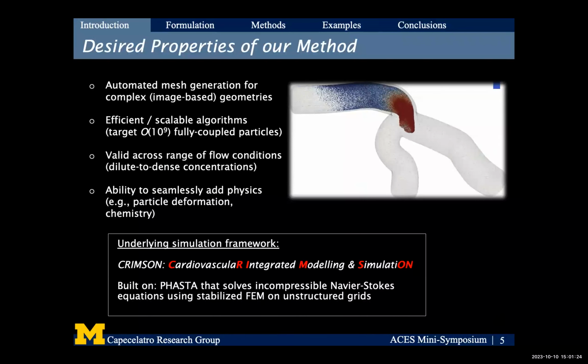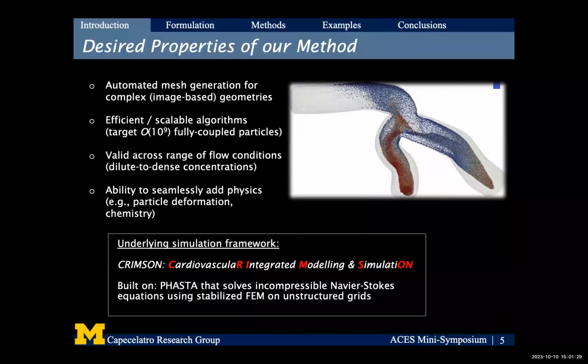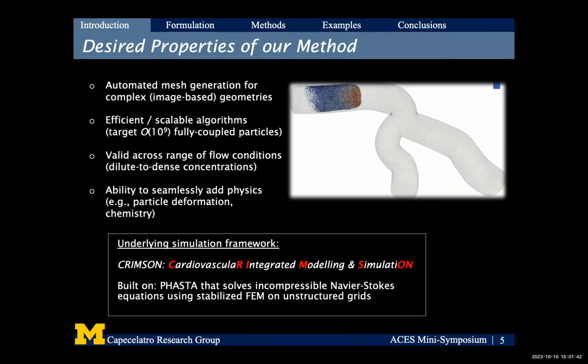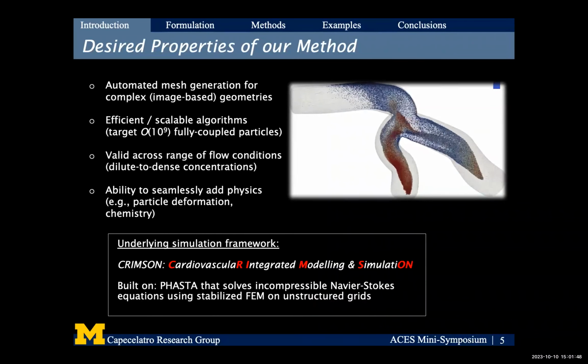A big part of this is image-based geometry. That's what Alberto Figueroa, that's his thing, right? And so we're bringing all this particle machinery into that framework. Abhilash or Alberto can talk a lot more on that, but this is all within a finite element framework, as opposed to the person you mentioned, who typically looks at lattice Boltzmann, if I remember correctly. So the numerics are a bit different.